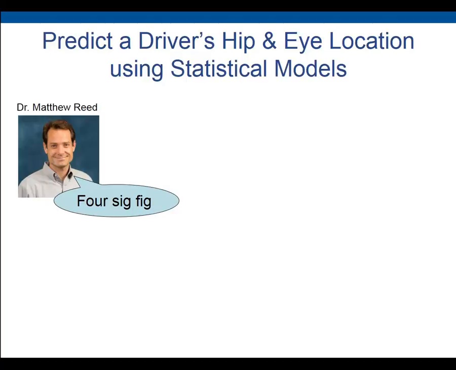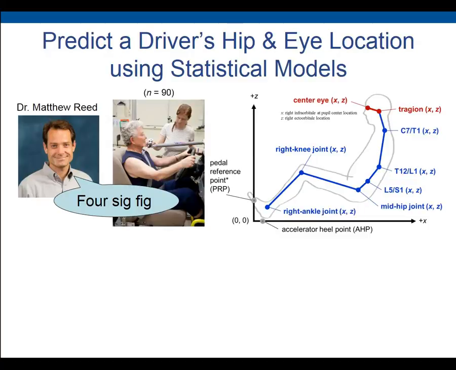When I was at the University of Michigan, my supervisor, Dr. Matt Reed, asked me to develop statistical models to predict a driver's hip and eye locations. And the models should express 4 significant figures. So we measured 90 US drivers' driving postures and quantified 7 joint locations on the body while they were driving.